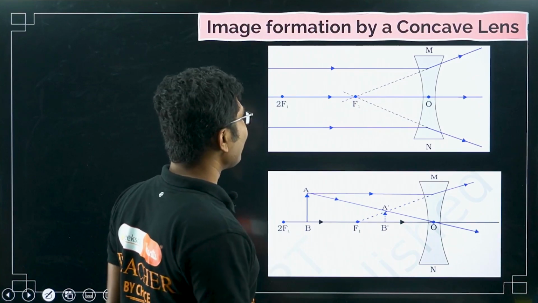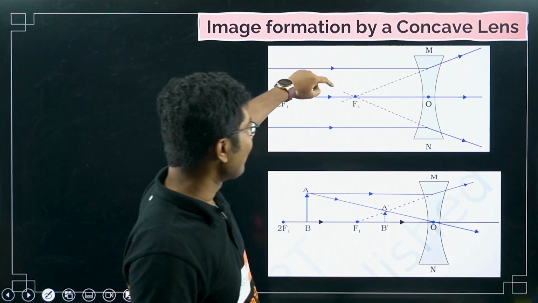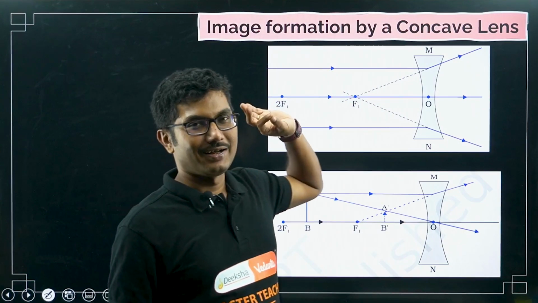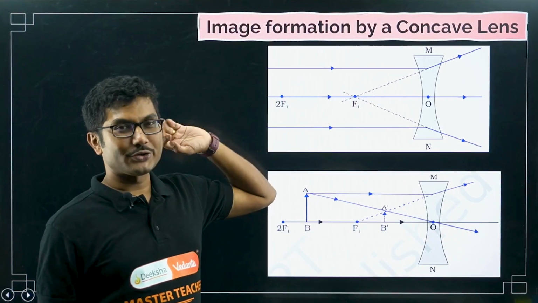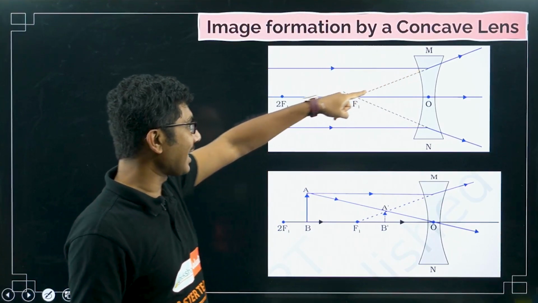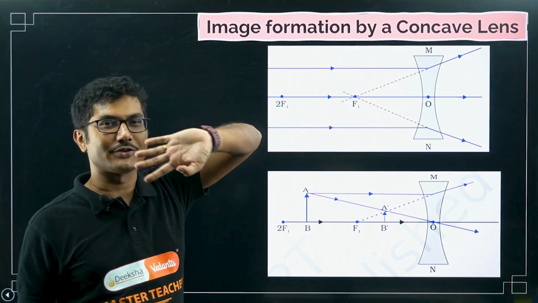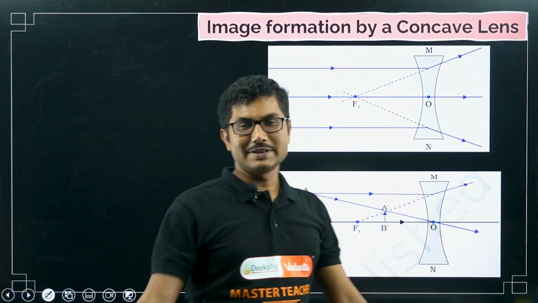So the parallel rays are coming, and after refraction they appear to focus at the principal focus. So basically this is it. You will get a highly diminished virtual image. Why virtual? As soon as you are drawing back the lines behind the lens, that means it's a virtual image. Dotted line means they are not actually meeting, so it's a virtual image.